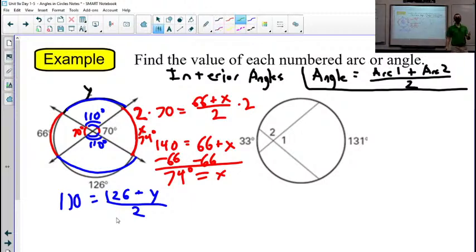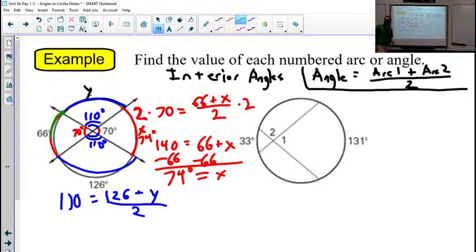Method number 2, I'm putting in green. Method number 2 relies on something that we did a lot last week, which is, hey, would you look at that? I have, right now in front of me, all of the arcs in the circle except for one.